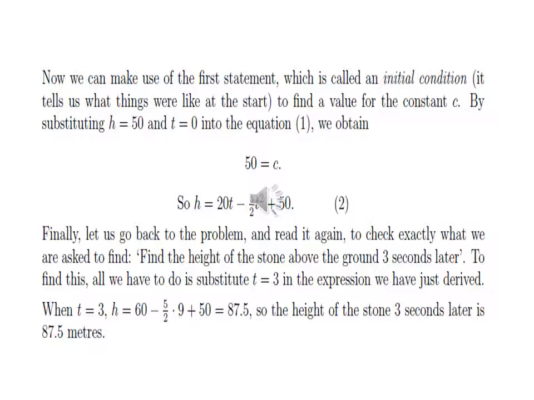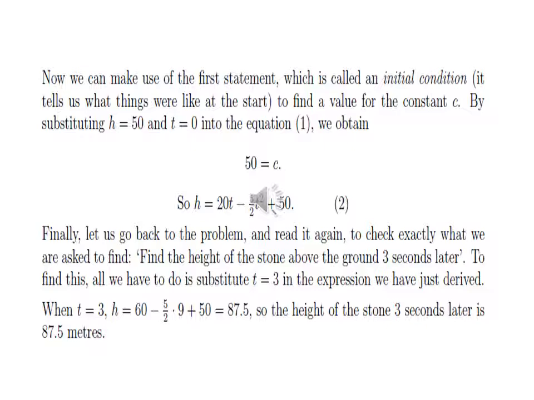Finally, let us go back to the problem and read it again to check exactly what we are asked to find: the height of the stone above the ground 3 seconds later. To find this, all we have to do is substitute t equals 3 in the expression we have just derived.